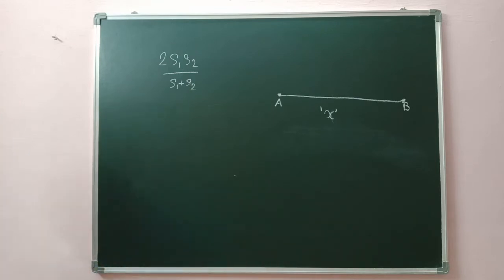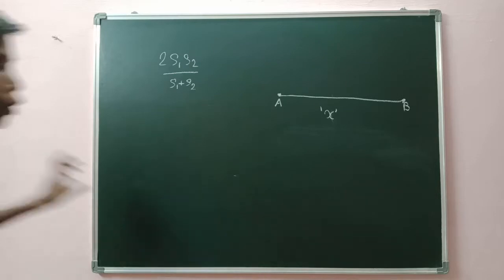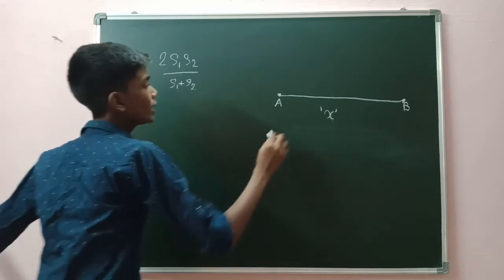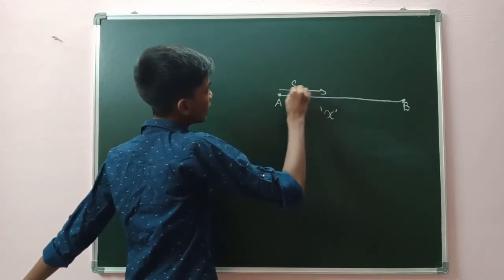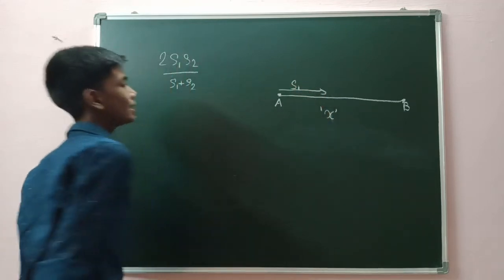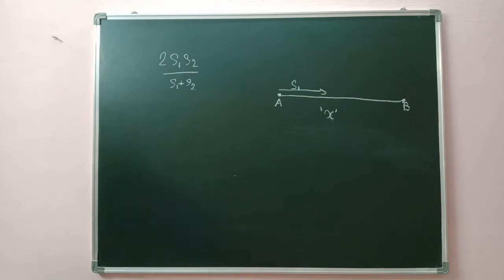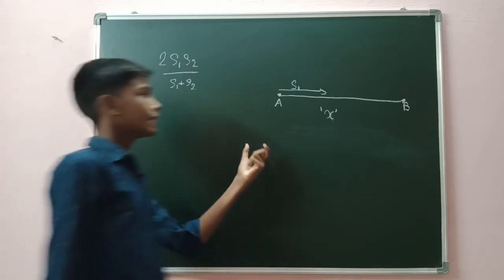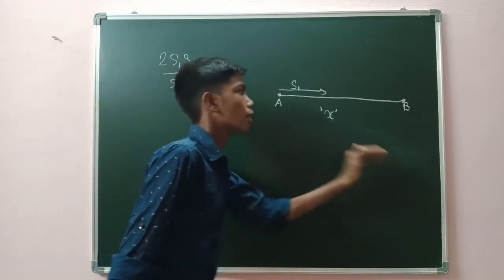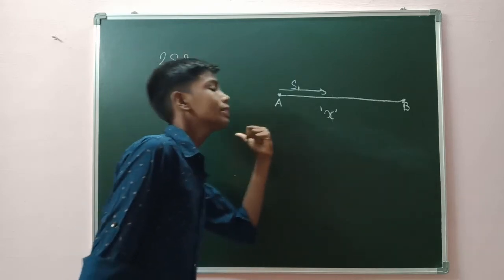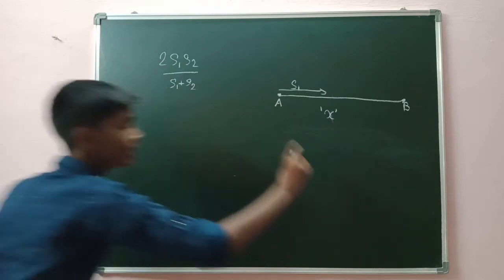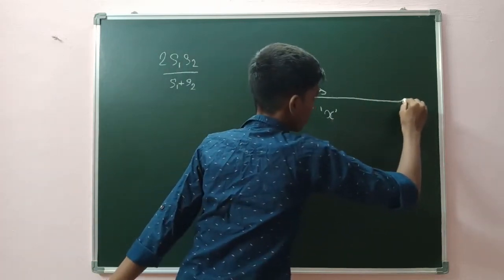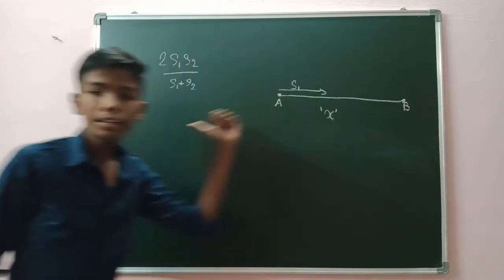Now listen very carefully. I am going to say that from point A to point B, that object is moving at speed S1. From point A, that object is moving towards point B, and while on that direction the speed is S1. And finally it has reached B, and again it is on the return trip.